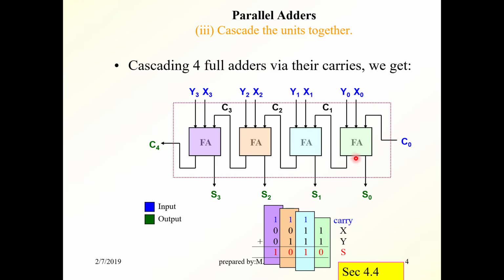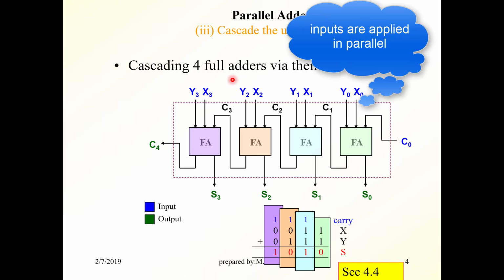Note that the carry propagated through the cascading full adders, from one full adder to the other. Also note that the two inputs, the 4-bit X and 4-bit Y, are applied to the inputs.